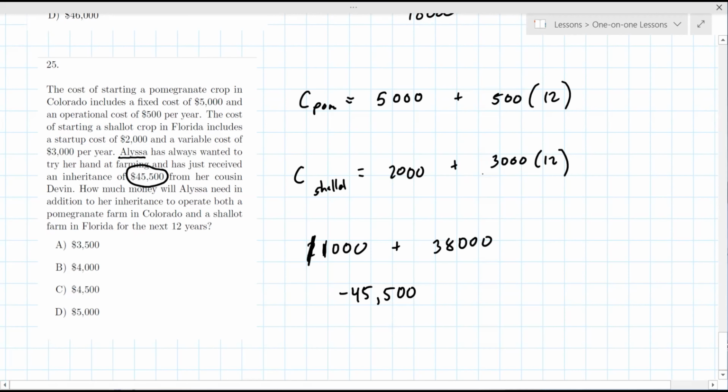So this is 36,000. 3 times 12 is 36. Put the zeros on, and then add 2,000 to that is 38. I got 9,000. Not 9,000, 90,000. For which one? I got 9,000 for 3,000 times 12.